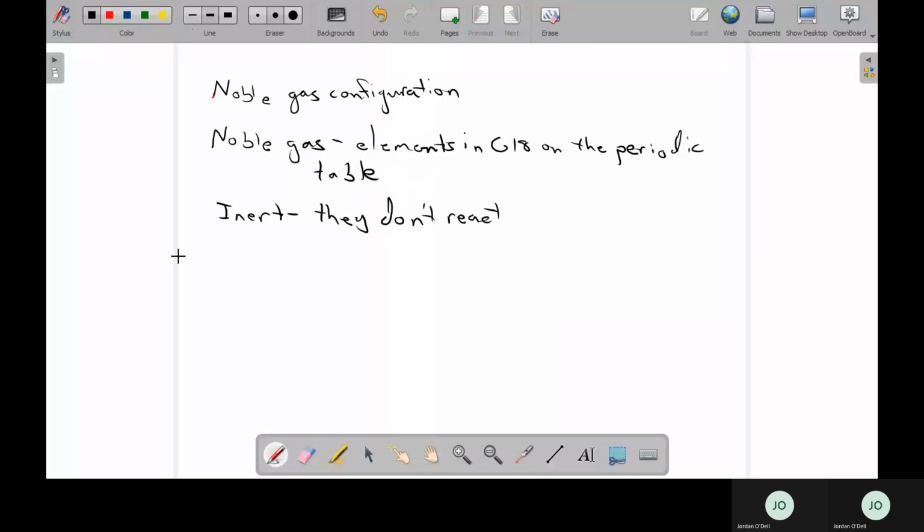To do that, we have to look at electron configurations of our noble gases. In particular, whenever we're talking about noble gases, we're going to reference a term called a valence shell, which is our outermost shell of electrons.